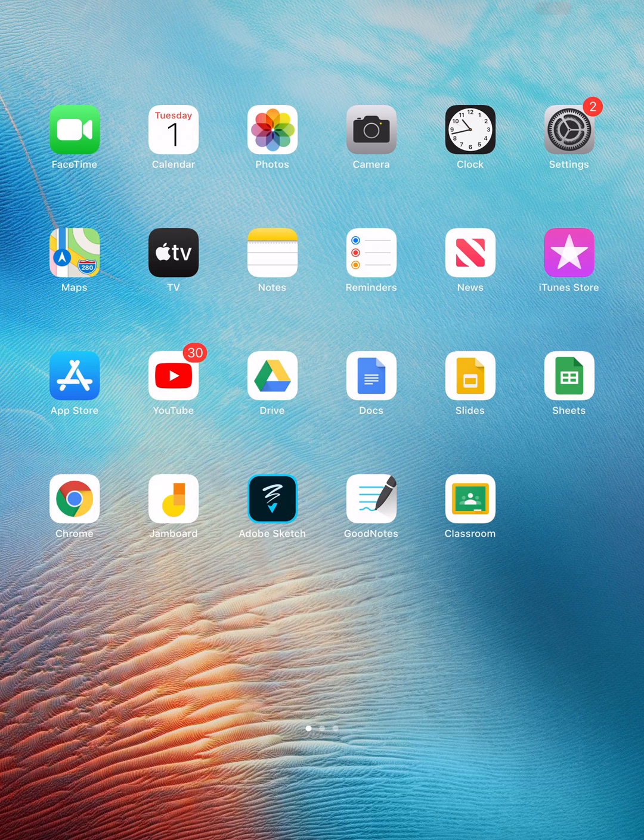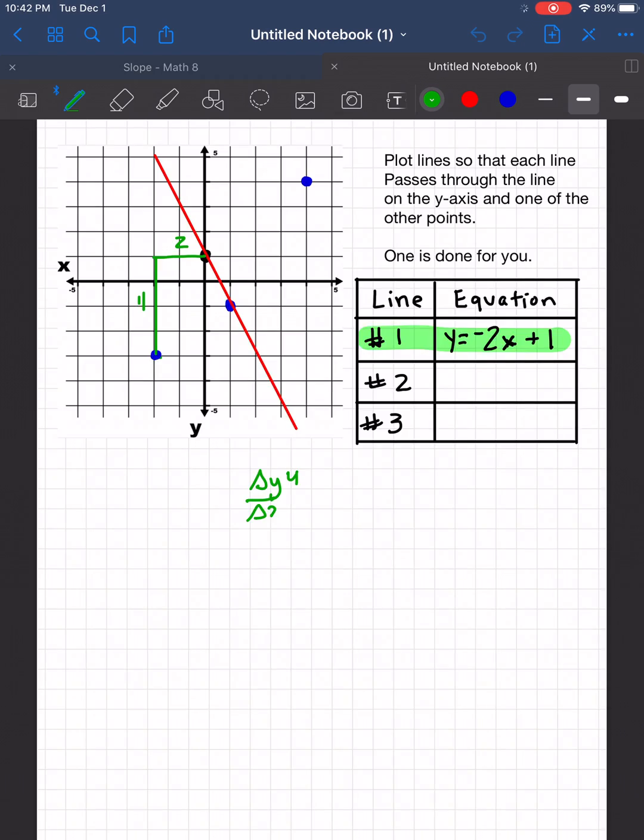My change in x is 2. So my growth is 2. So y equals 2x, and my intercept, remember, was the black point on the y-axis, so that is 1. Y equals 2x plus 1. And so my line would look like this.